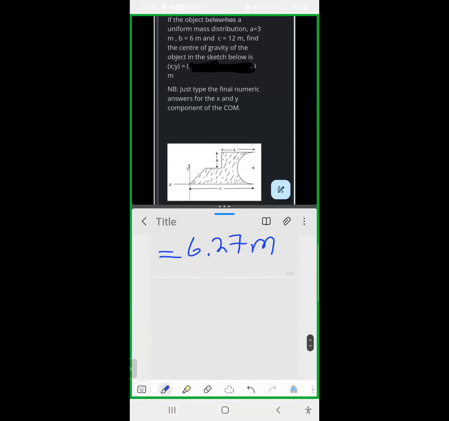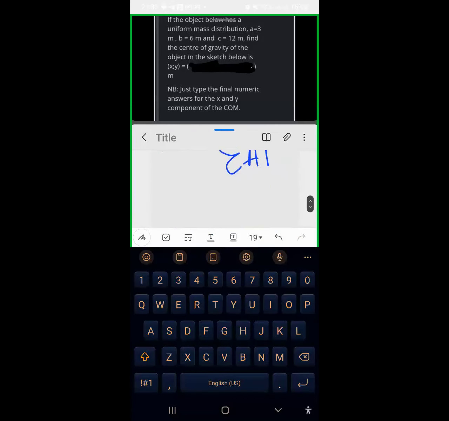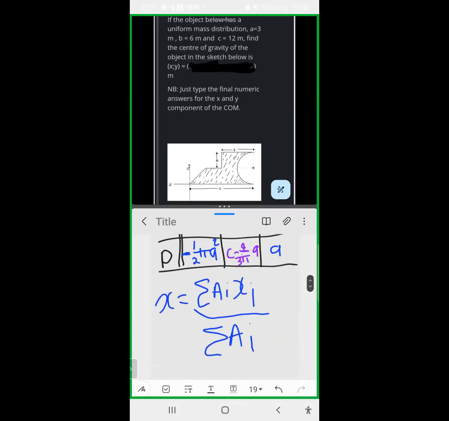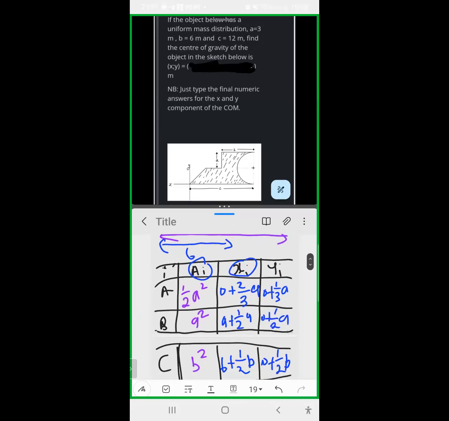Now for the y center of mass, we're going to find the sum of all areas multiplied by the corresponding y center of mass for the shape, divided by the sum of all areas. So this is going to be equal to, for the first shape, we have area half a squared.